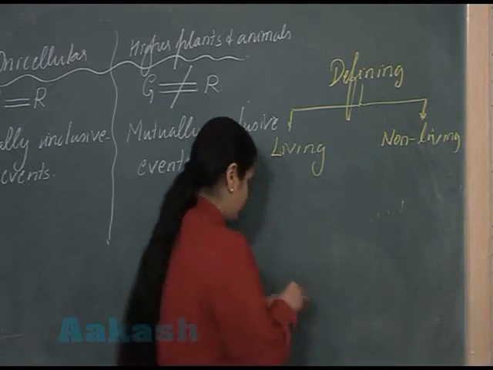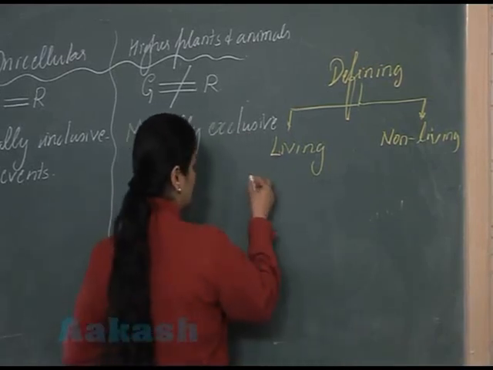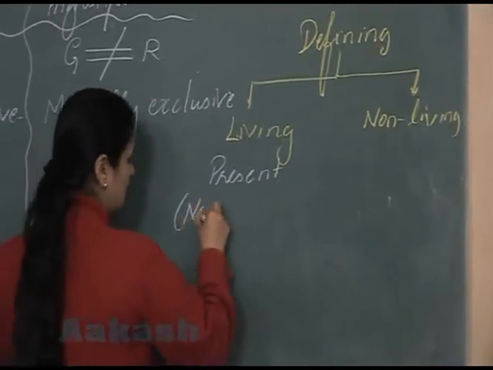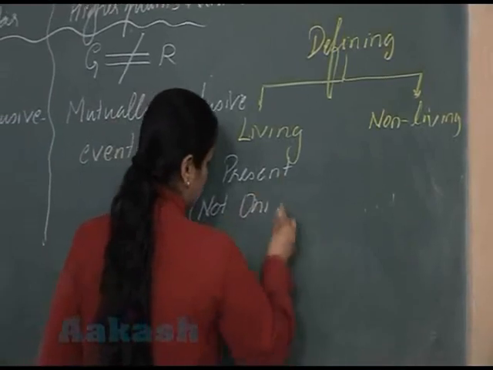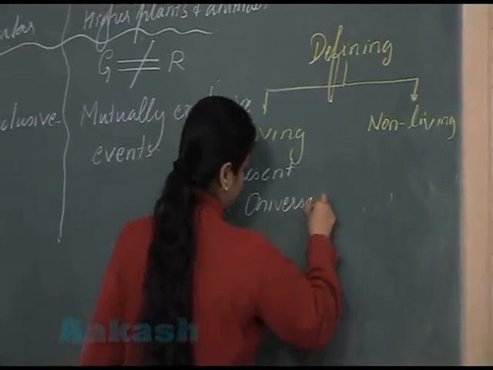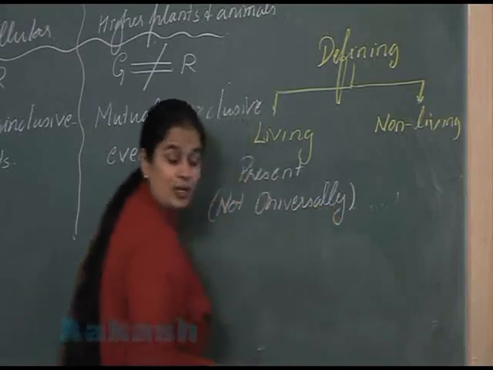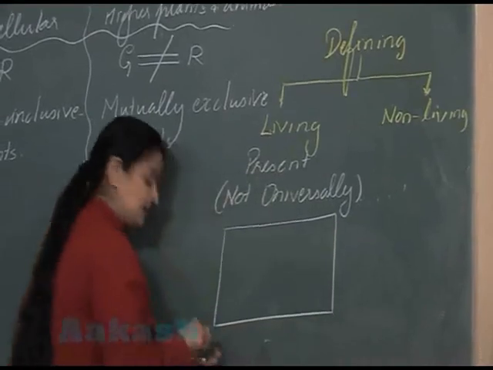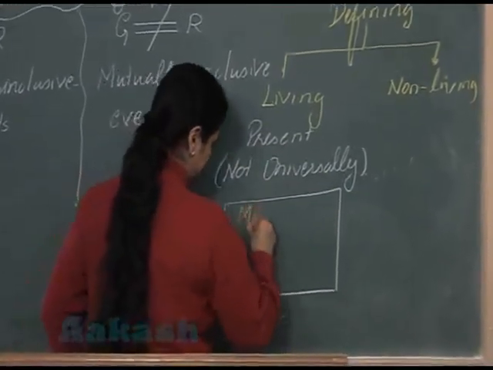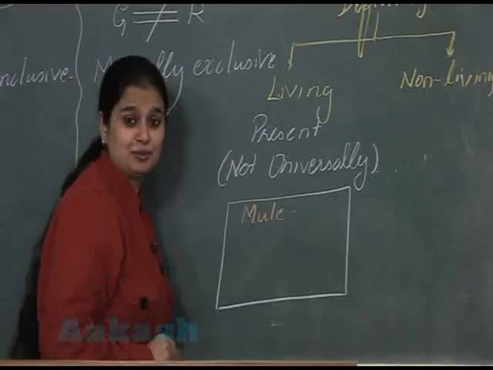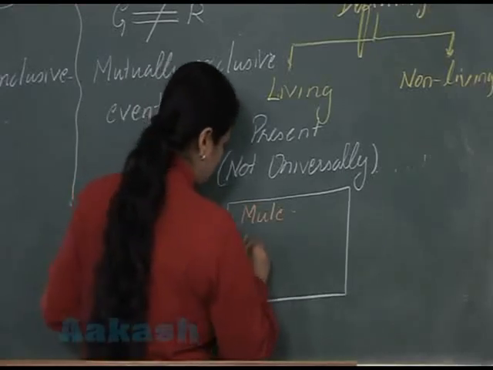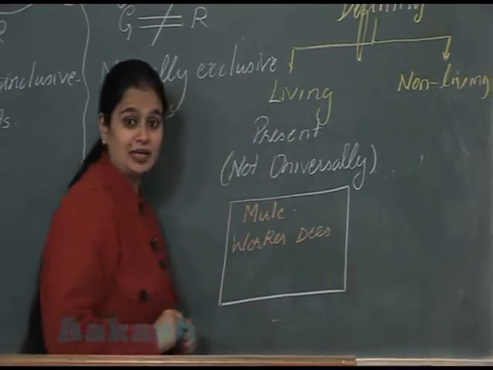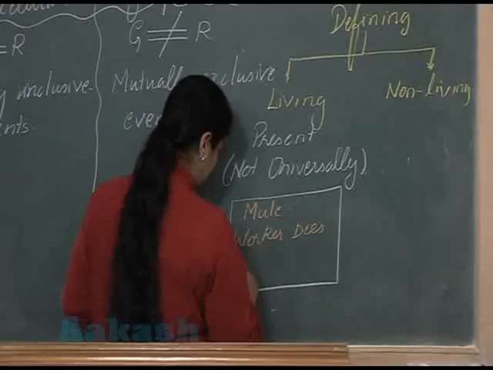So in all the living organisms, reproduction is not present universally. What are the exceptions which I have cited here? Exception is mule, then sterile worker bees and sterile human couples.